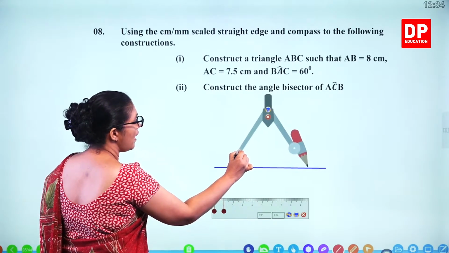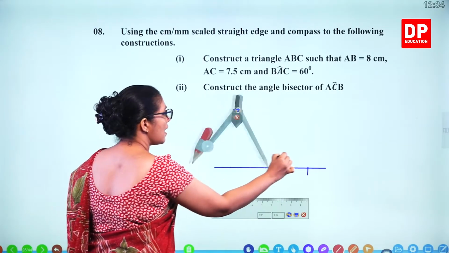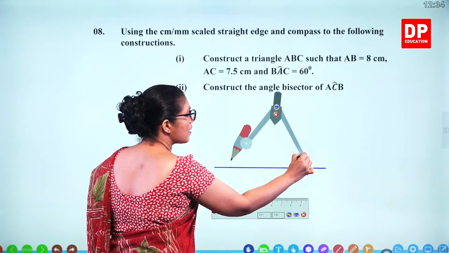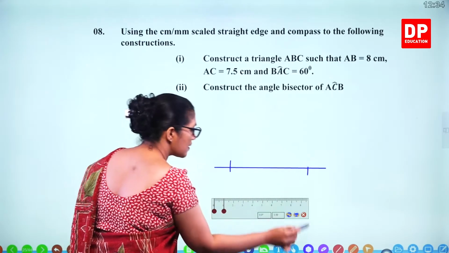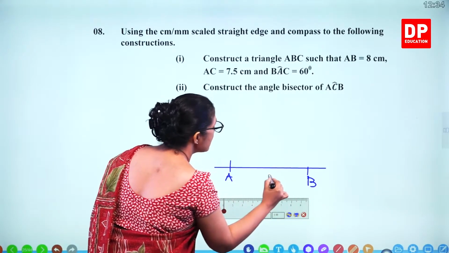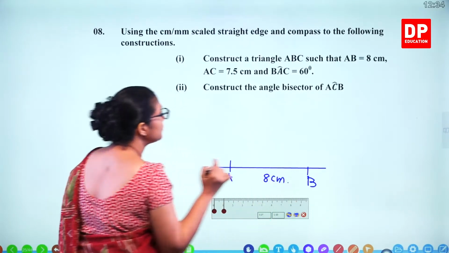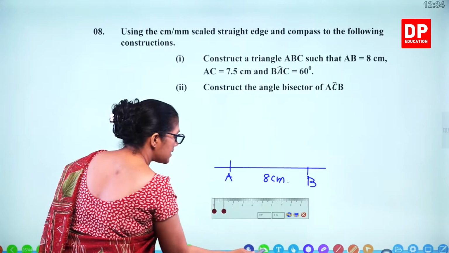Keep it on the line and draw an arc here and move to the other side and mark the other point. So these are the 2 points. We can label them A, B, that's 8 centimeters.